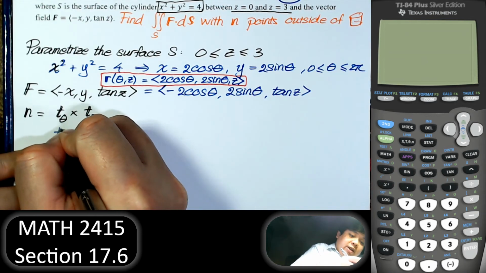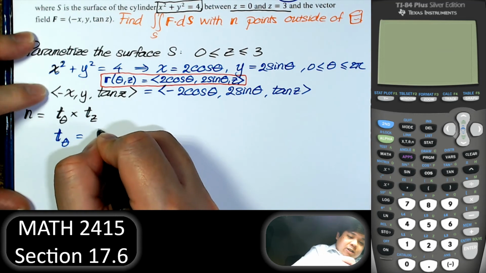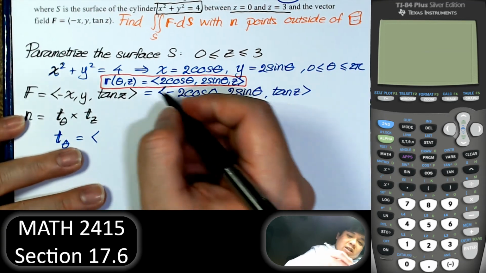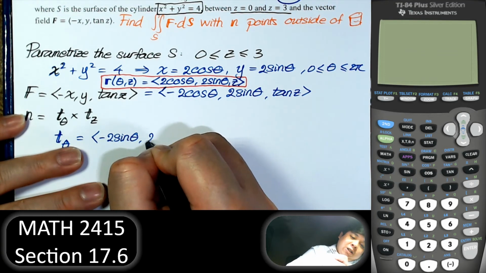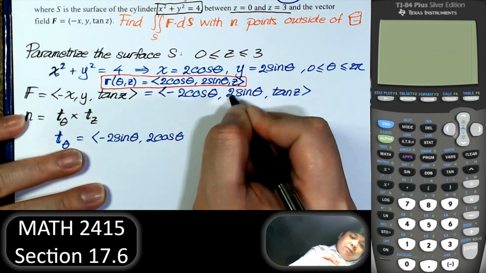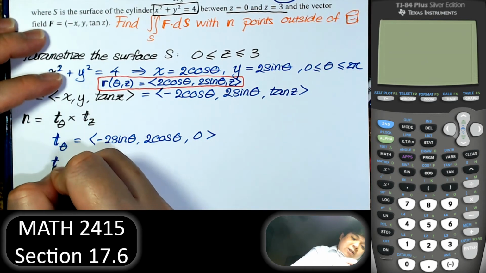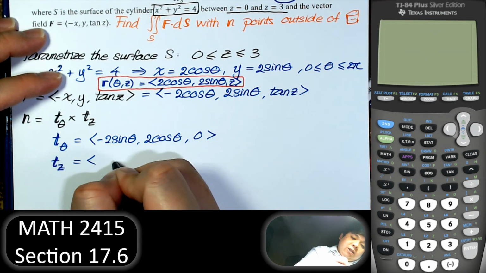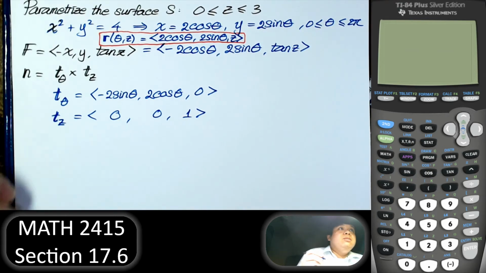But first, the derivative with respect to theta. I think we did plenty of this. Negative 2 sine theta, 2 cosine theta, and 0, since there's no z there. With respect to z: 0, 0, and 1.